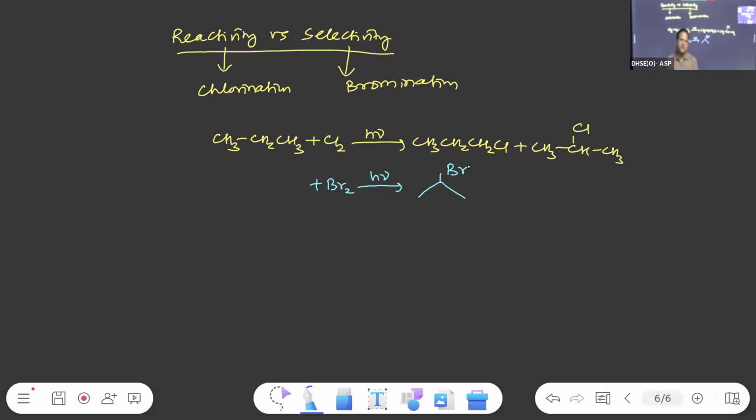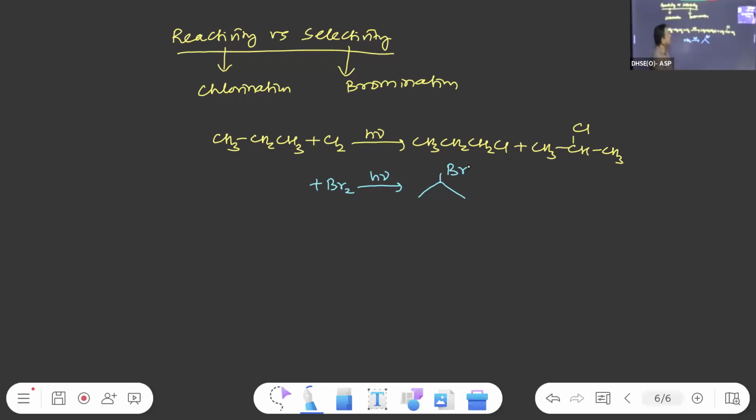Next, bromination is more selective and hence it makes the product where it is more stable.